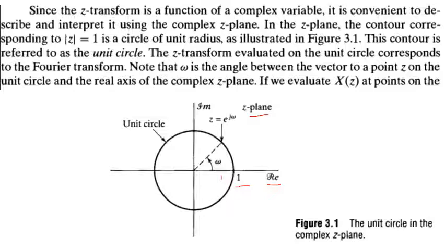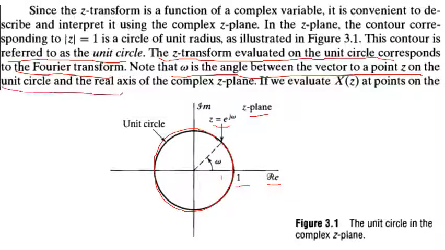So if we calculate the Z transform anywhere on this circle, it will be equal to the Fourier transform. As you can see here, this contour is referred to as the unit circle. The Z transform evaluated on the unit circle corresponds to the Fourier transform. Omega is the angle between the real axis and the vector to a point Z on the unit circle.